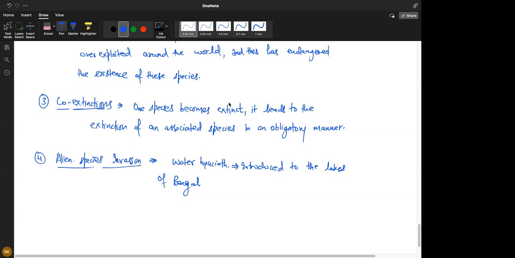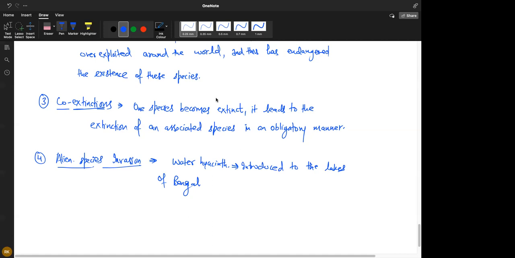Because of this, the species that used to live in the water, that whole ecosystem, suffered a lot. It suffered loss of food and oxygen, and died. That's why people started calling it the Bengal terror.